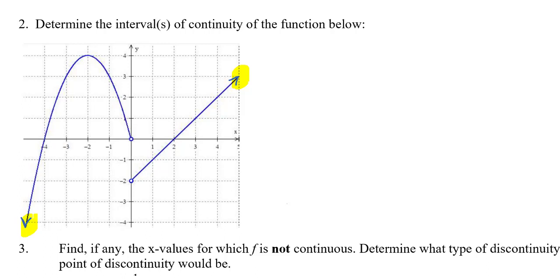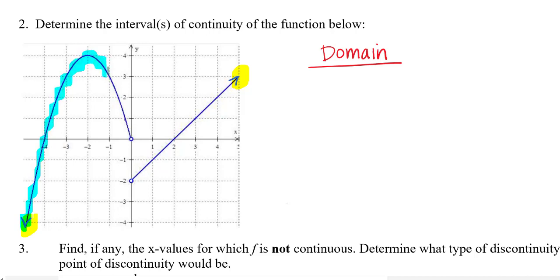Now, the other assumption is, could you find from previous courses the domain of this function? The domain was talking about all of the x values or input values that we have calculated on this curve. And this is a piecewise curve, right? It is a function. So if this is starting at negative infinity, because you always want to start left to right, I have all these x values that are included, and I don't have to pick up my highlighter to draw it until I get to x equals 0.